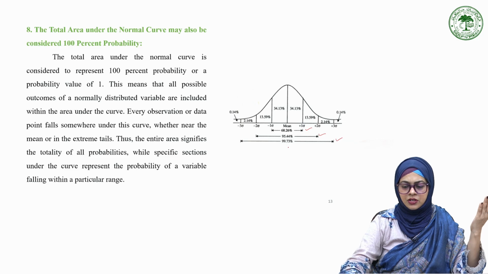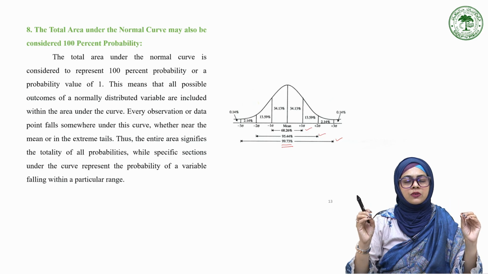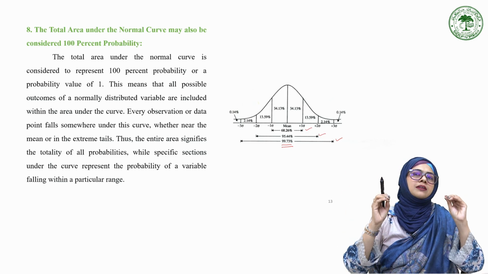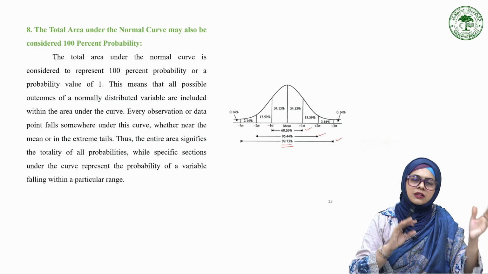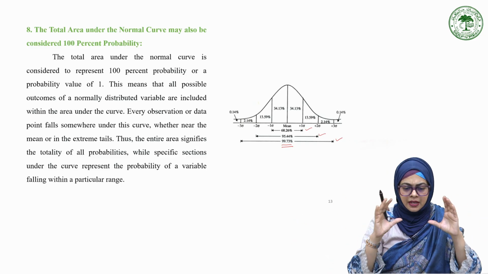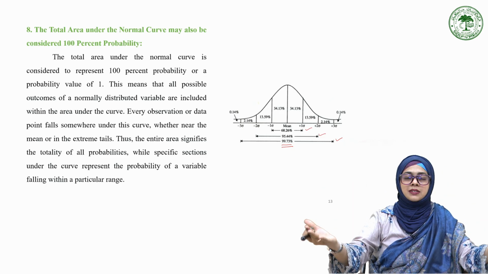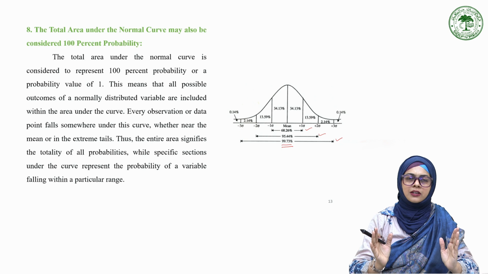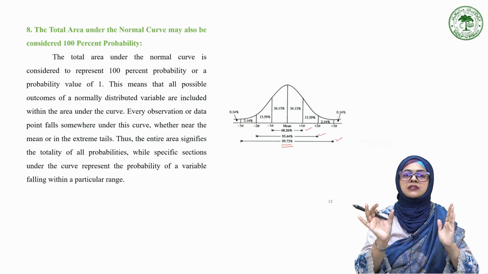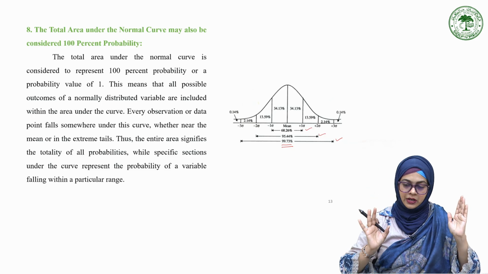Under the third standard deviation it is 99.73%. So every observation or data point will fall somewhere under this curve, whether near the mean or at the extreme tails if it's an outlier. Thus, the entire area signifies the totality of all the probabilities, while a specific section under the curve represents the probability of a variable falling within a particular range.